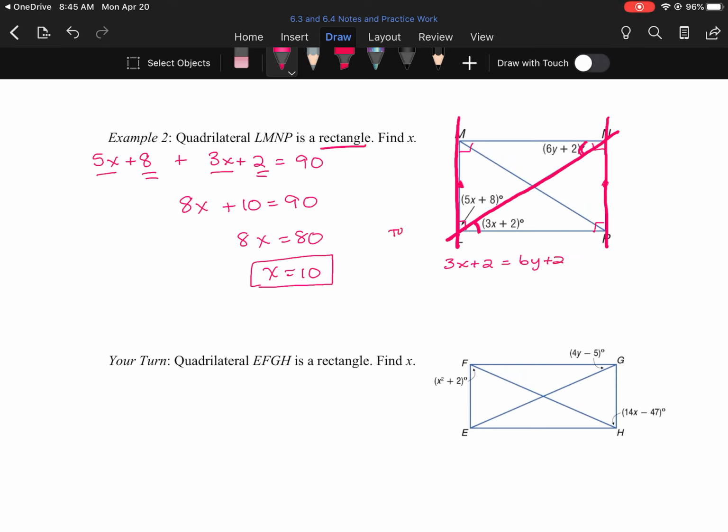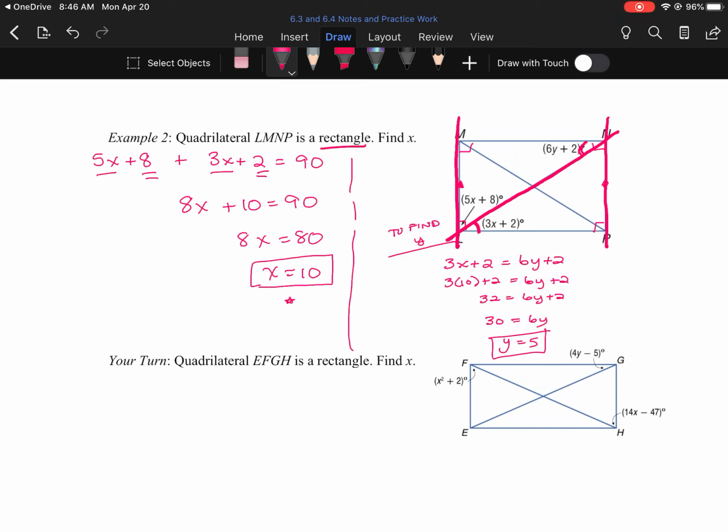Now this is to find y. You're probably saying, I can't solve this because I have an x and a y. But remember, we found x, so now I can substitute. So 3 times 10 plus 2 equals 6y plus 2. We get 32 equals 6y plus 2. Subtract 2, so I get 30 equals 6y. Divide both sides by 6. So y is equal to 5.